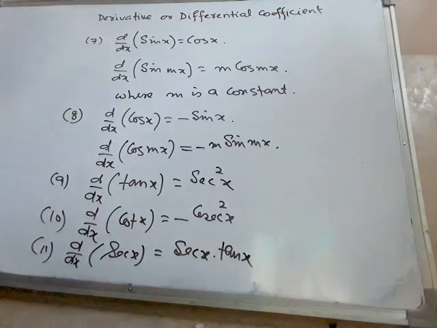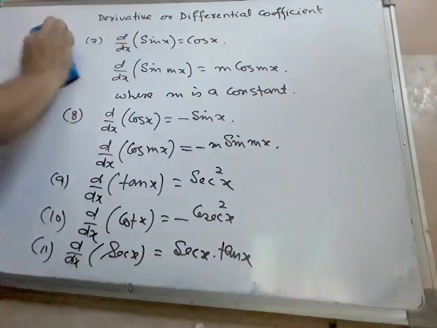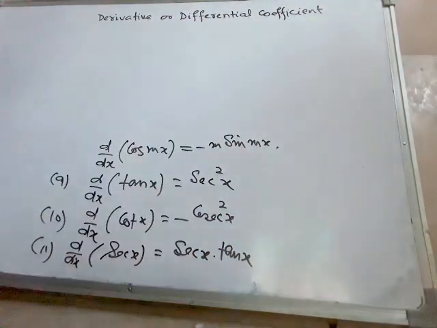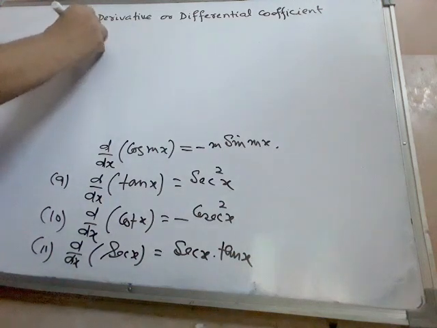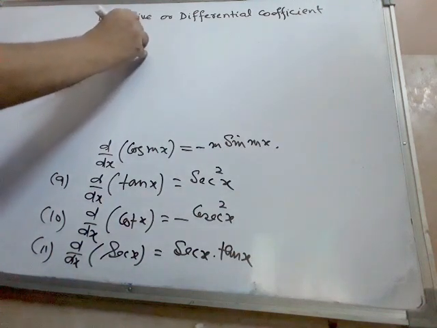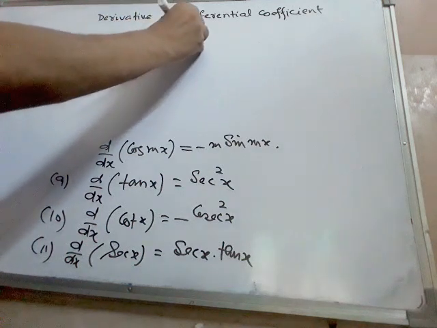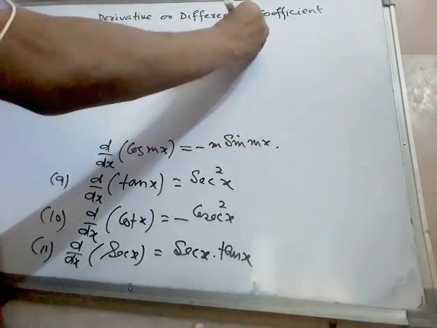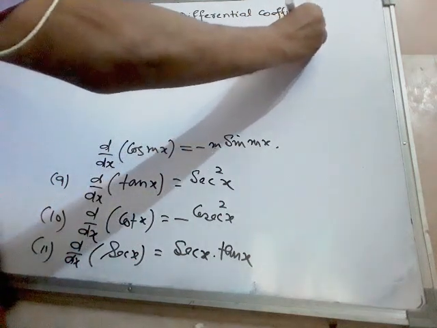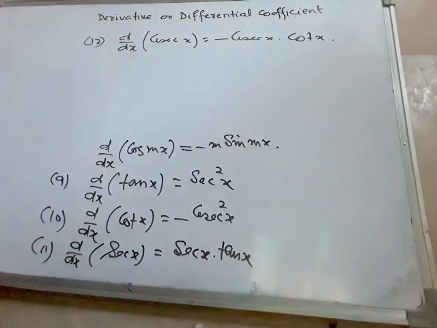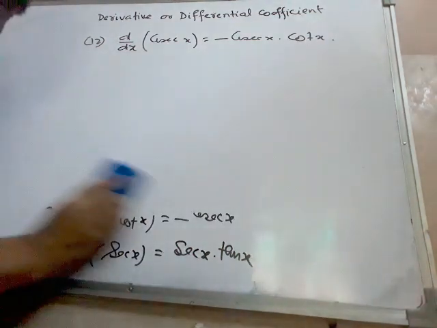And formula number 12: d/dx of cosec x equal to minus cosec x into cot x. These 12 formulas are the basic formulas of type 1.